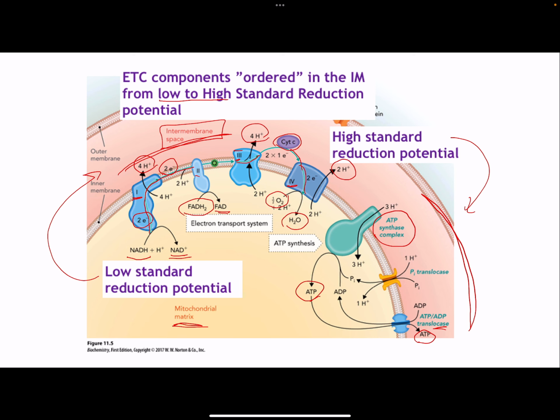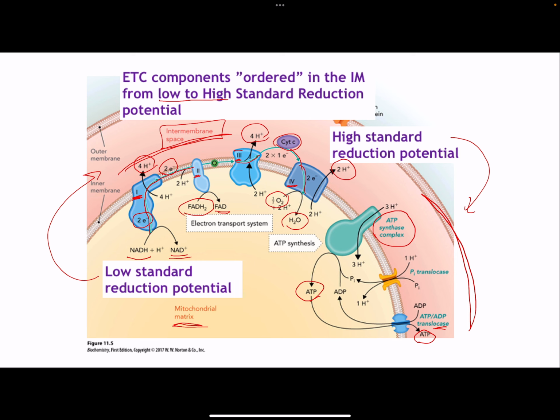So just a quick summary of this. Our complexes are organized from low to high standard reduction. They're organized also by number. So 1 is going to be the lowest, 2 is the second lowest, 3, 4. These are all going to be in order in terms of low to high standard reduction potential.